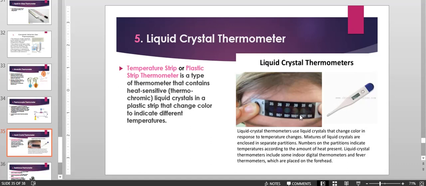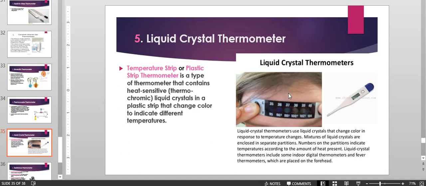Numbers on the partition indicate the temperature according to the amount of heat present. Liquid crystal thermometers include some indoor digital thermometers as well as fever thermometers, which are placed on the forehead. This is a very convenient way to find out temperature, for example, the temperature of a human body.